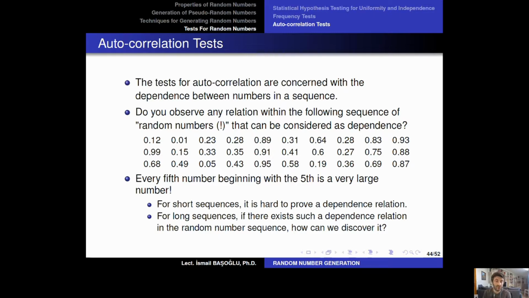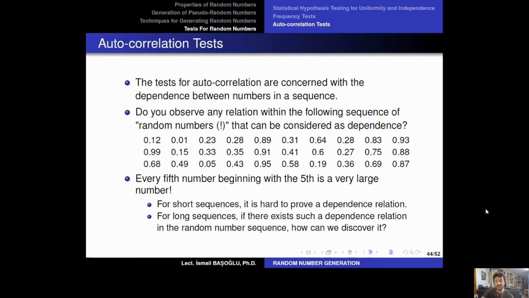And of course, to prove that a statistical dependence exists in a random number sequence would be very hard with short random number sequences. If we really want to show that a random number sequence exhibits dependence, then the test must be performed over a long random number sequence.